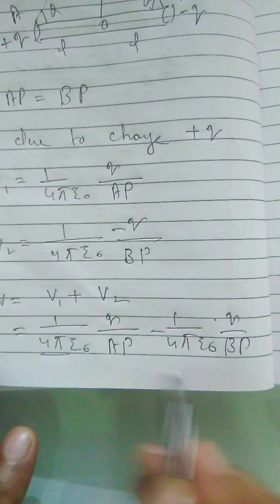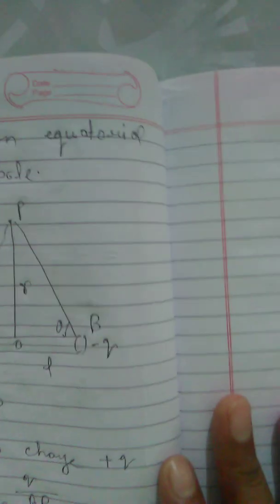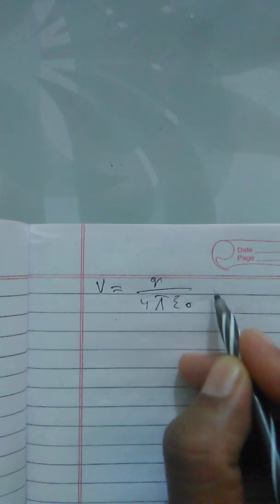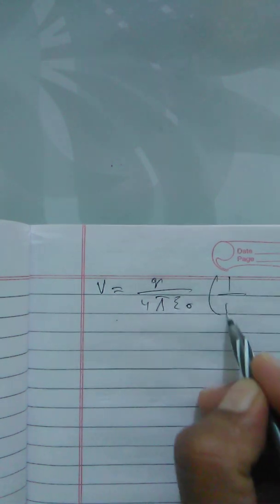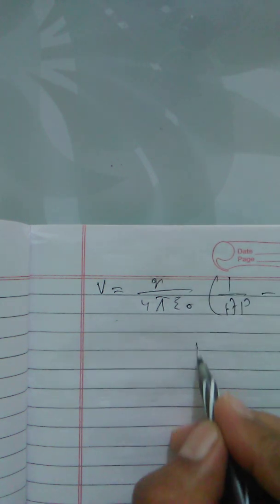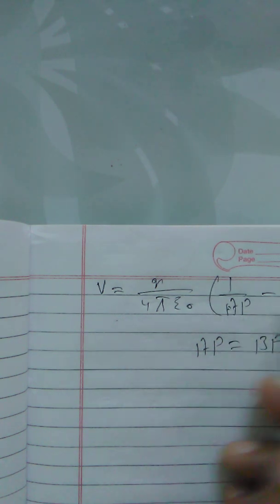So this gets common, we can take it common. So V equals q upon 4 pi epsilon 0 is common, and we get 1 upon AP minus 1 upon BP. Since AP equals BP, this value becomes 0.